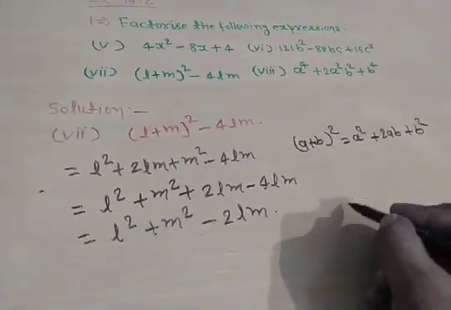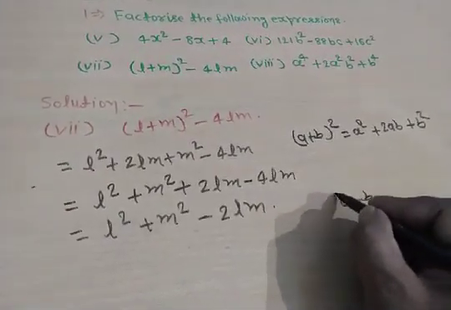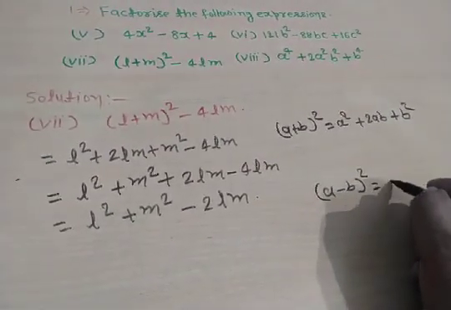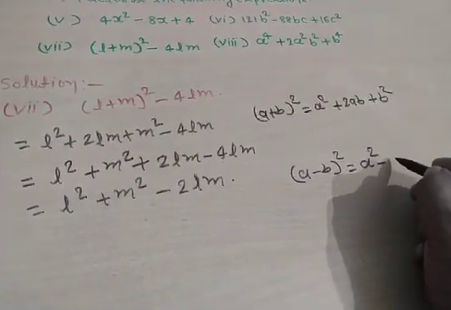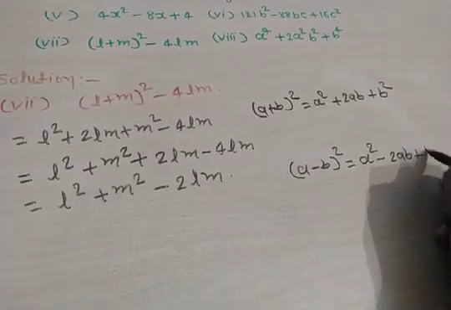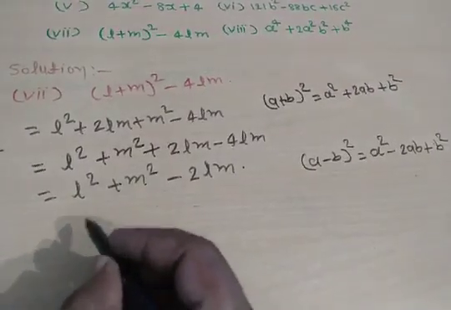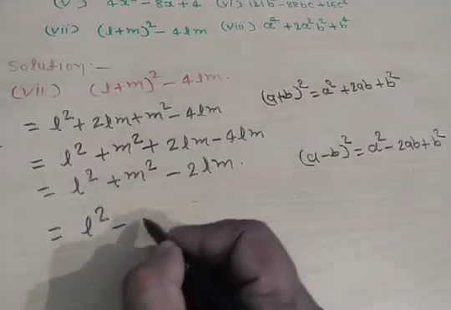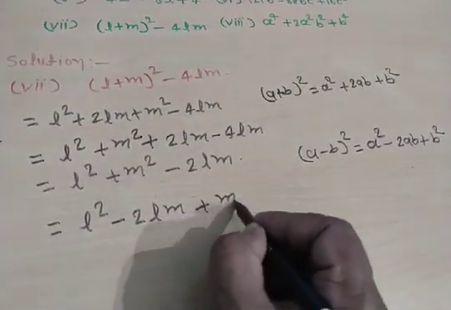And now you can see this is in the form of this identity: whole square of A minus B is equal to A square minus 2AB plus B square. Okay. So you can compare it and write it like this: L square minus 2LM plus M square.